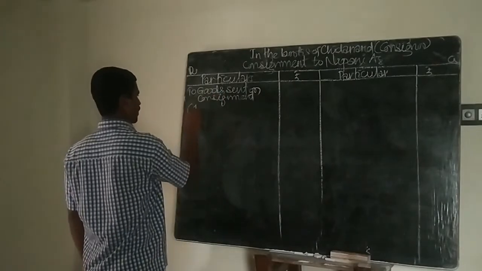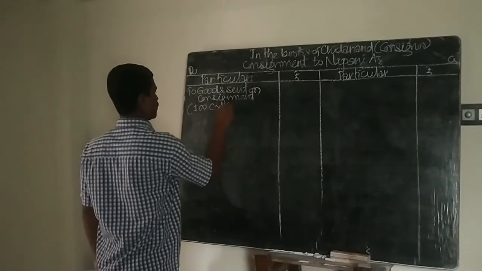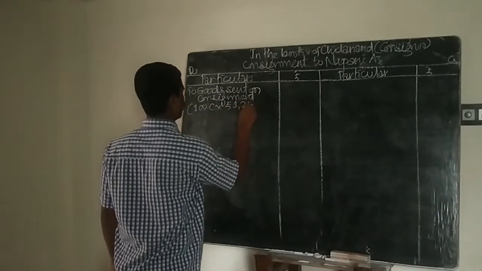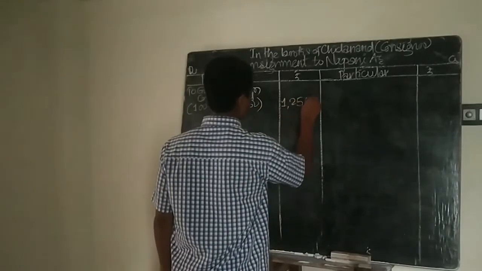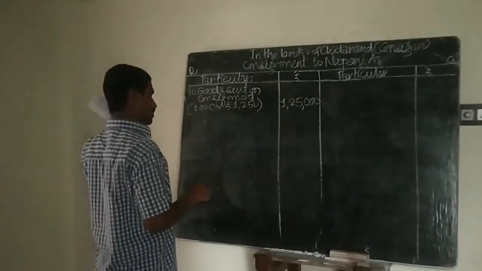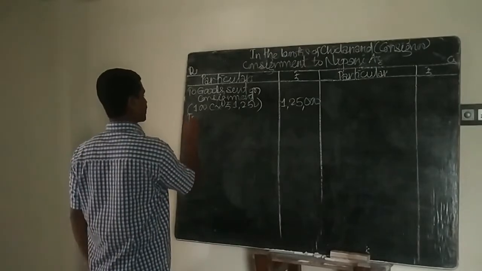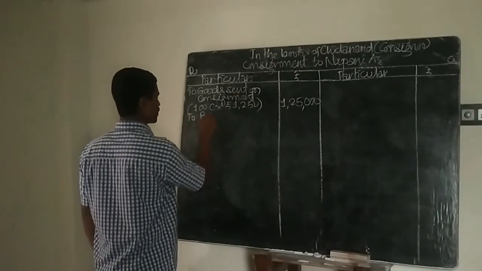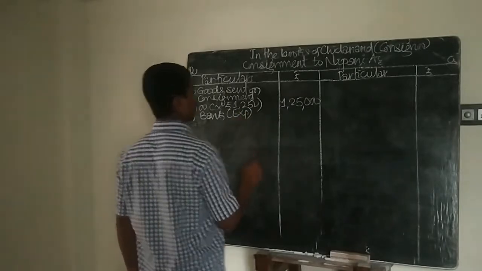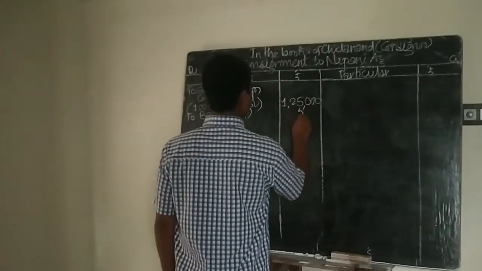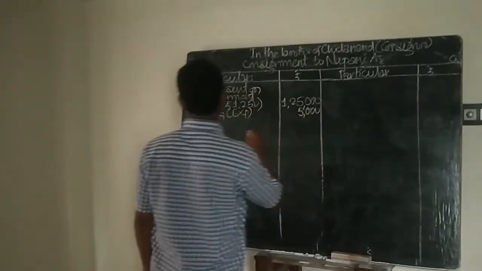So it is 100 cycles into rupees 1,250, 1,25,000. When the expenses are paid by the consignor, then it will be consignment account to bank account. So here expenses, that is rupees 5,000.